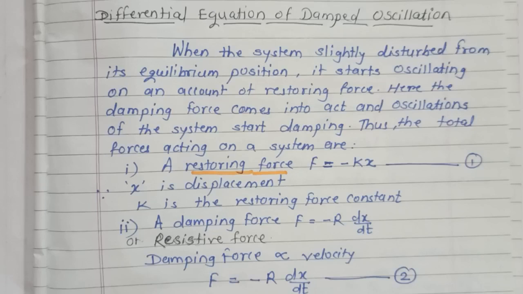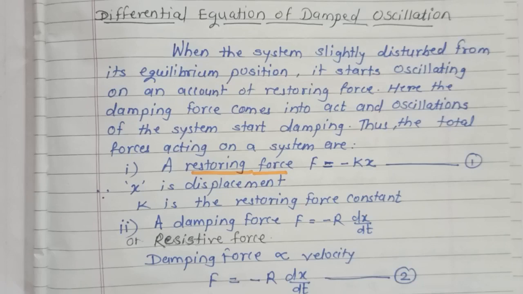The restoring force is proportional to displacement. Restoring force and displacement are oppositely directed, so that F is equal to minus kx, equation number 1. Second force, a damping force or air resistive force.